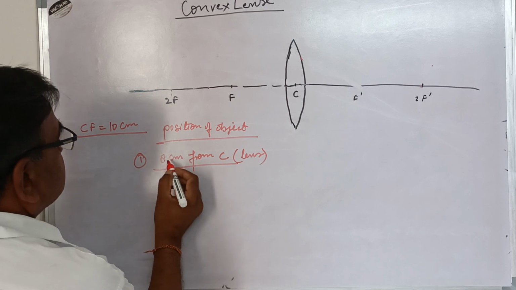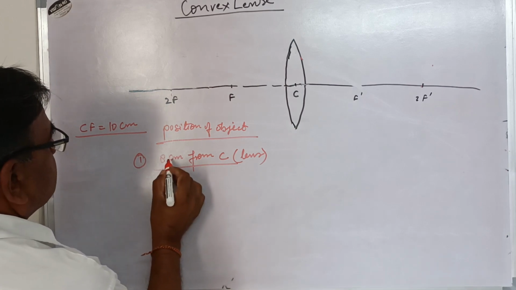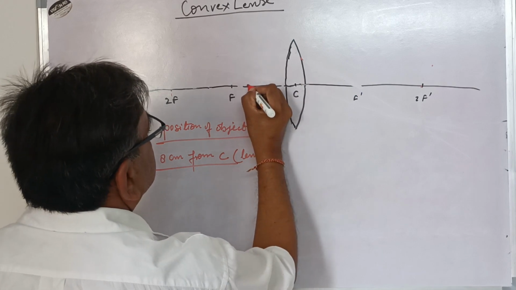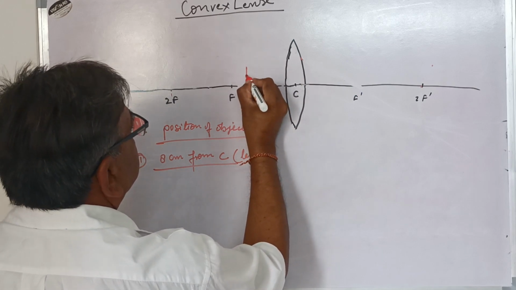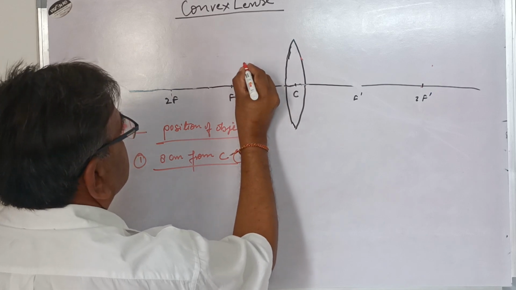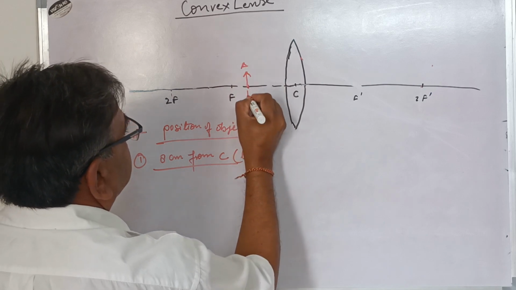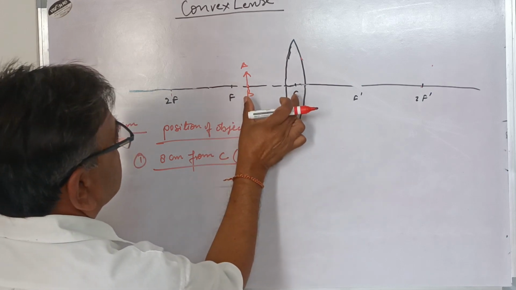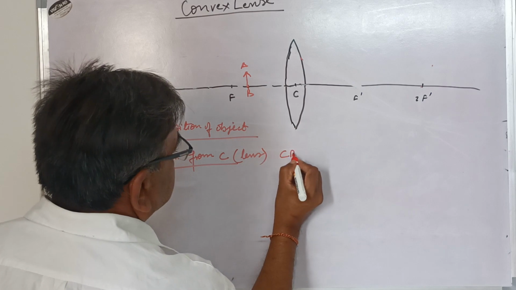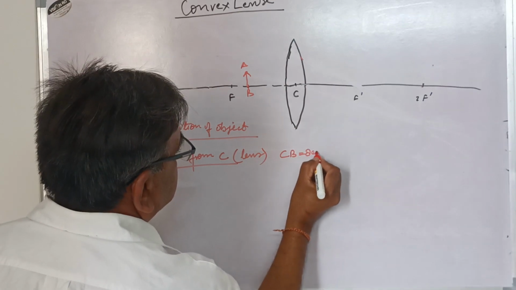Now case 1, object is at 8 centimeter. Now it is within the focus. C say 8. Let this be the point, and this is object A B. CB is 8 centimeter. Here given say that CB is 8 centimeter.